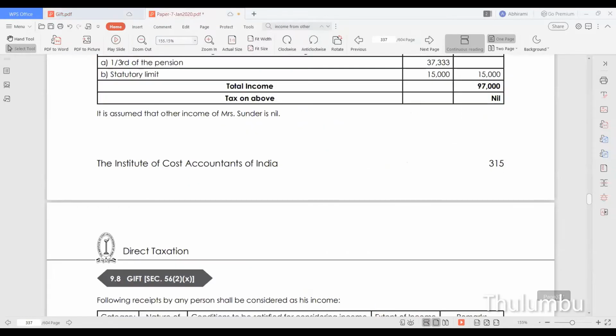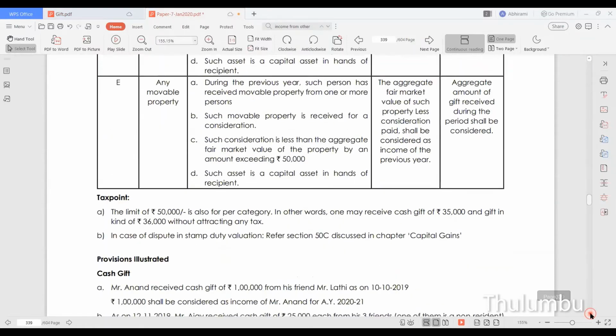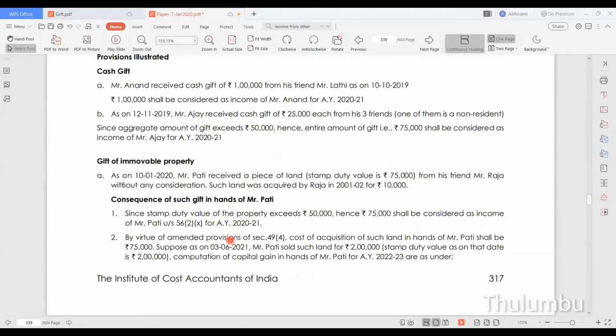So take an example. The gift illustrations are to be read along with capital gain, as gift and capital gain come combined. As of now, we will see only the income from other sources part. The capital gain part we can see when we take up the capital gain chapter.